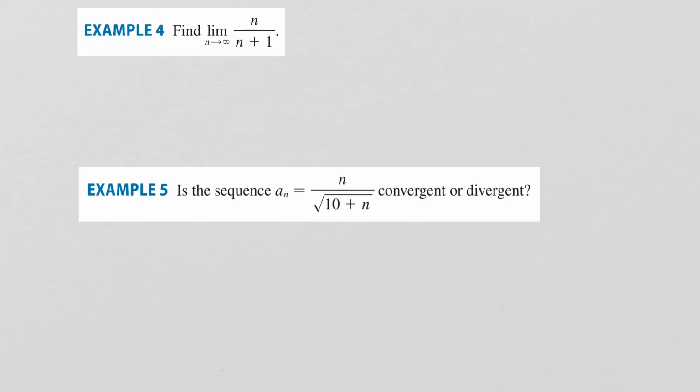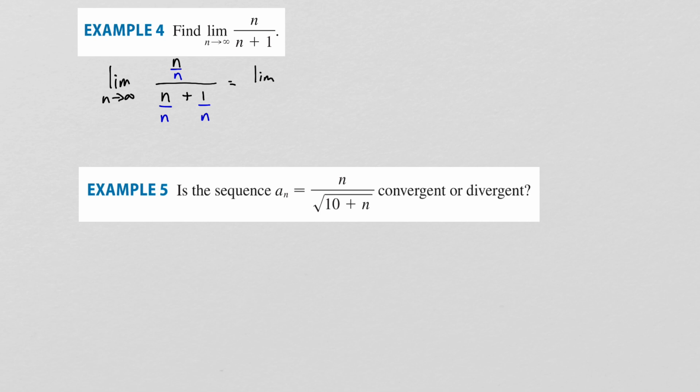So in the next example, we just want to find the limit as n goes to infinity of n over n plus 1. One way to do this, of course, is we can use techniques from the past. Remember, when you have a rational function like this, what you can do is take the numerator and the denominator and divide them all by the highest power of n in the denominator, which would just be n.